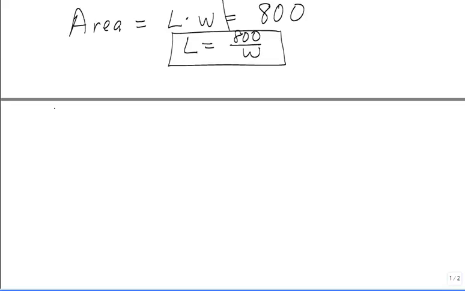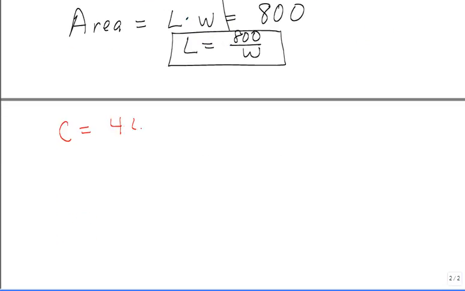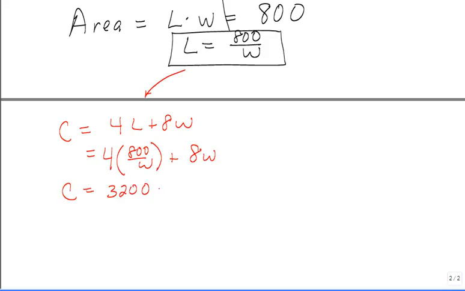So, okay, let's see what we have. We have cost is 4L plus 8W. But we know L is 800 over W, so we substitute that in there. That is 3200 W to the negative 1 plus 8W. I changed it like that because now, step 5, I'm going to take the derivative to find the critical point.